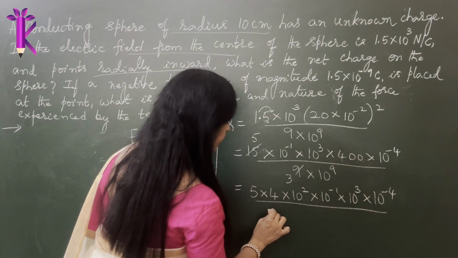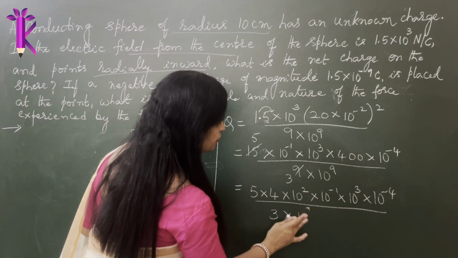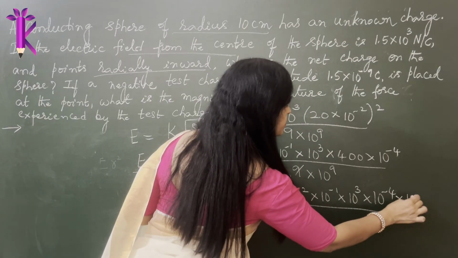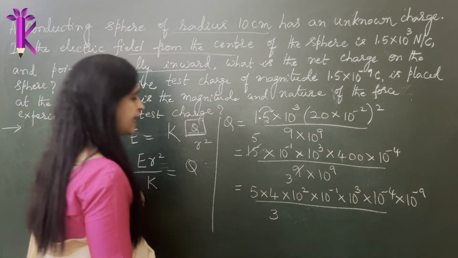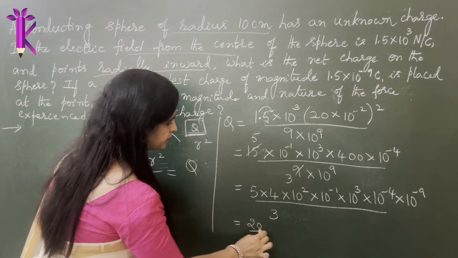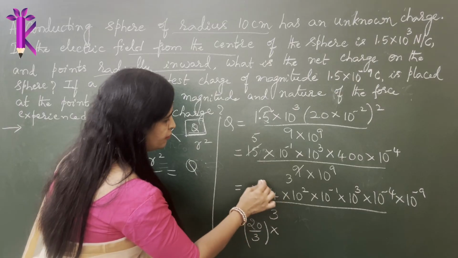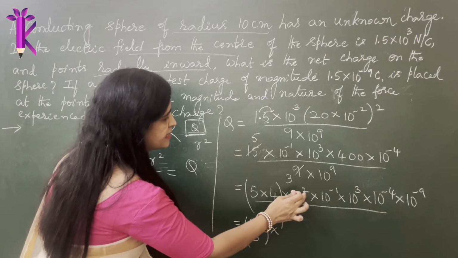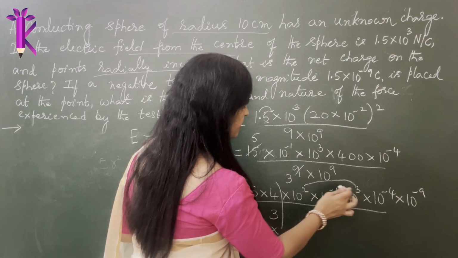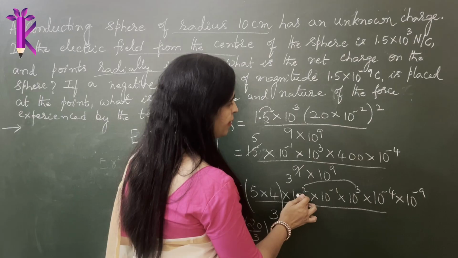Now this whole divided by 3 into 10 to the power of 9. Now let's send this 10 to the power of 9 also to the numerator. So this becomes 10 to the power of minus 9. So now you have 20 divided by 3. This is easy to simplify. Only thing is we have simplified this part. Let's simplify the powers, right? Let's first add these plus and plus. 10 power 2, 10 power plus 3 is 10 to the power of plus 5.